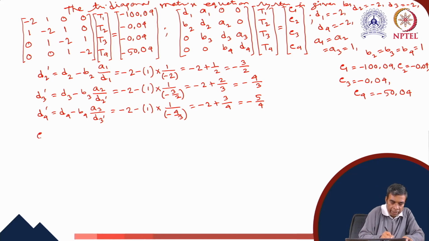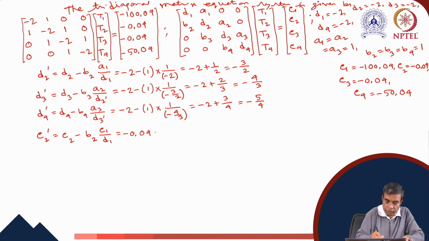So C2 dash equals C2 minus B2 into C1 by D1. Our C2 is -0.04, minus B2 is 1 into C1. C1 is 100.04.